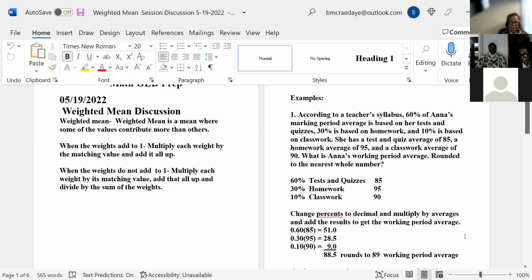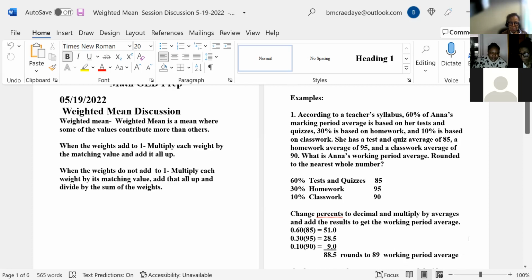Yes, that's how much is being calculated as the points from the tests and quizzes. And then once I get all the answers, I add it up. That's right. And that gives you what we call the weighted mean. And here they refer to it as a working period average.